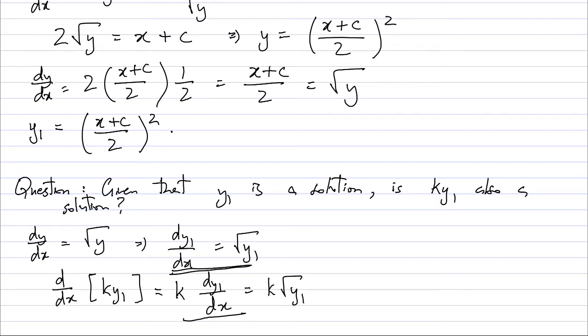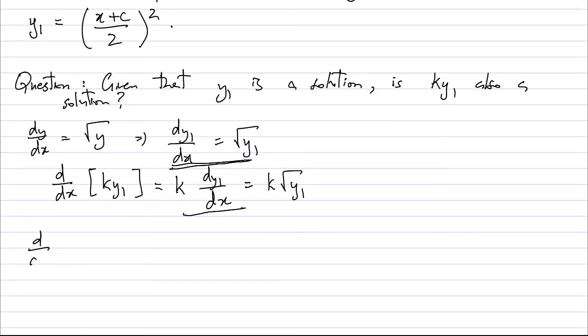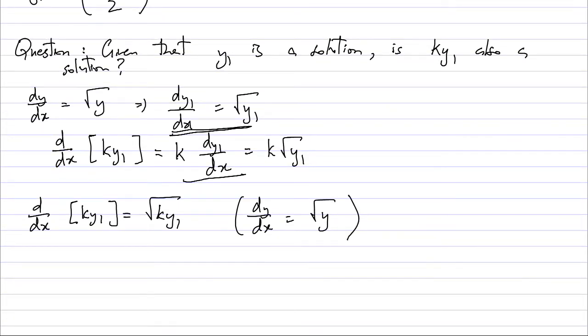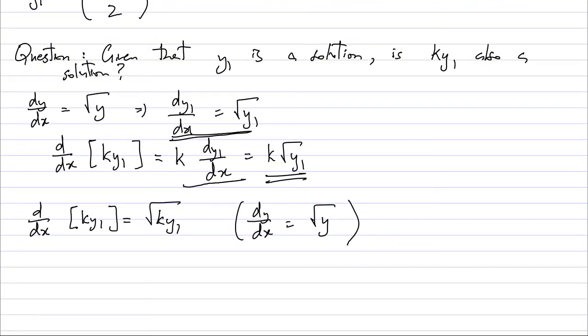But if k y1 itself is a solution of my differential equation, then I must have that square root of k y1, right. Okay, because my original differential equation, remember, is simply this. On the other hand, what I actually have is this thing, d by dx of k y1 is equal to k times square root of y1.